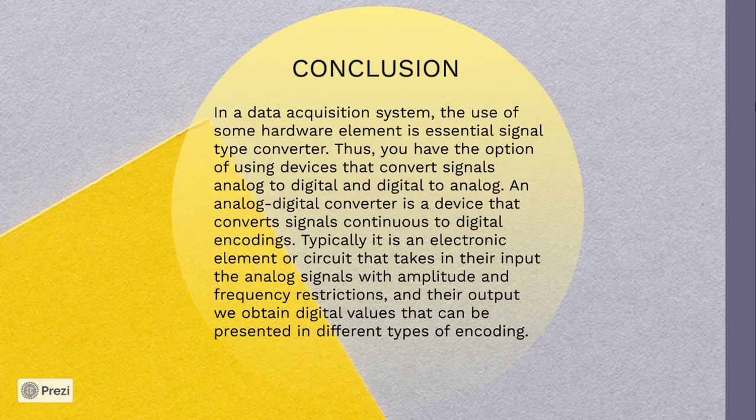An analog to digital converter is a device that converts a continuous signal to digital encodings. Typically, it's an electronic element or circuit that takes at its input the analog signal with amplitude and frequency restrictions, and at its output gives digital values that can be presented in different types of encoding.